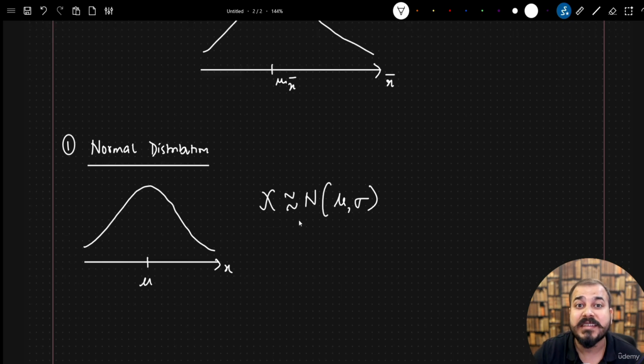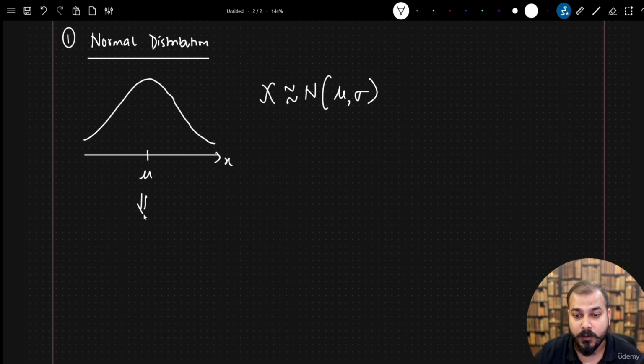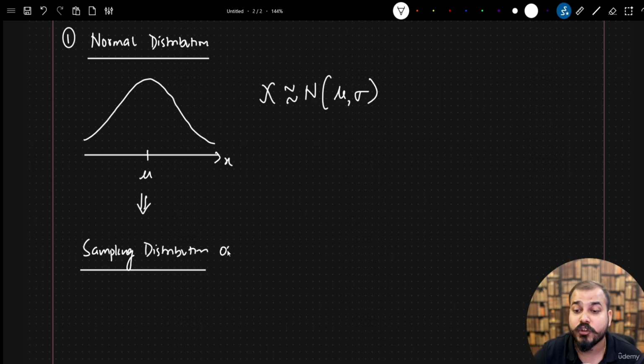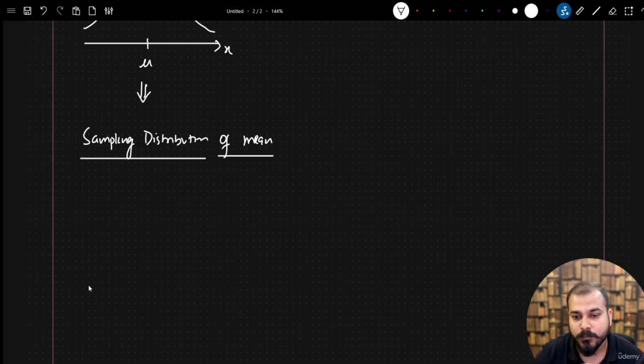But once we do the sampling distribution of the mean out of this, with some small n value, and we plot these means, it will again follow a bell curve.